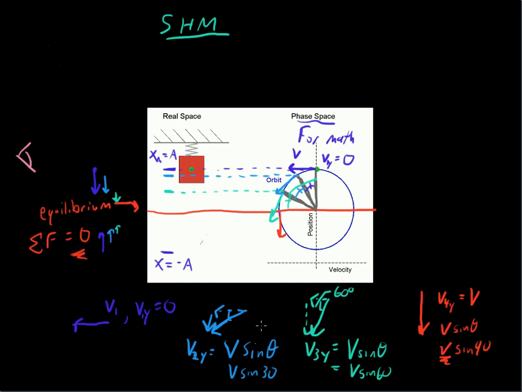Okay, now the reason why we do this is because we can construct equations then, and for every oscillator we can just construct these fairly simple equations. You know, if I want to know what the velocity is at any particular time or at any particular position, it might be easier to think about it in terms of positions right now. I can just do v out of a certain position is equal to the maximum velocity times the sine of the angle.